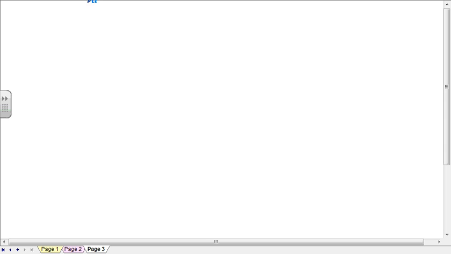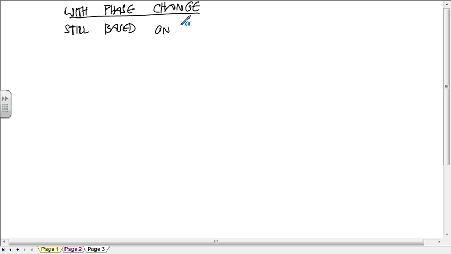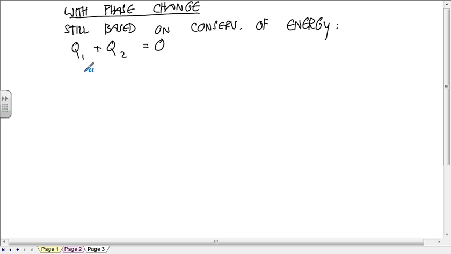Okay, so now with phase change, it's still based on conservation of energy. So we're still going to have Q1 plus Q2 is equal to 0. But now we're just going to have to do it in multiple steps.